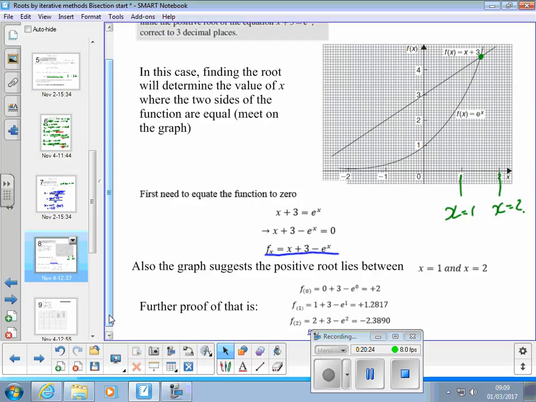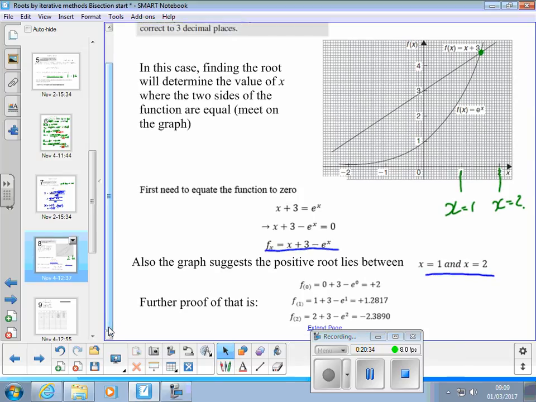As I've already said, is equal to 2. When x is 0, the function is equal to 2. When x is 1, the function is equal to 1.28.